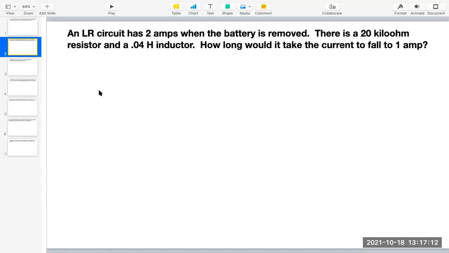This one requires a bit of rearranging. And this one starts with the initial current of 2 amps.